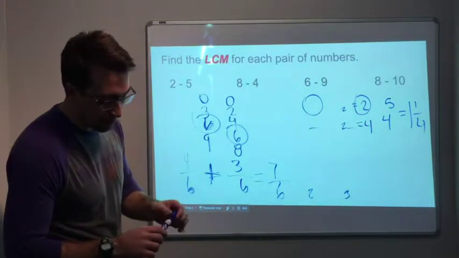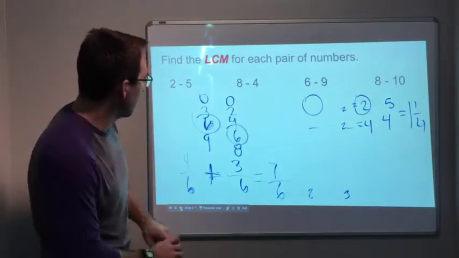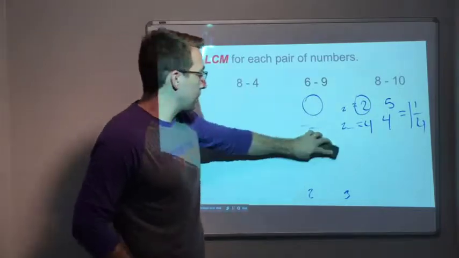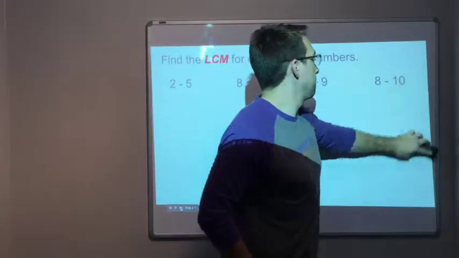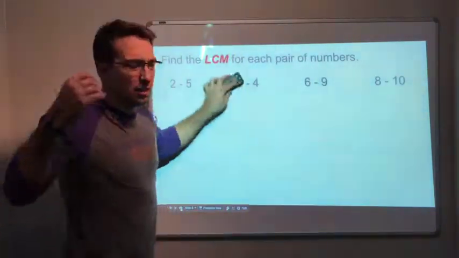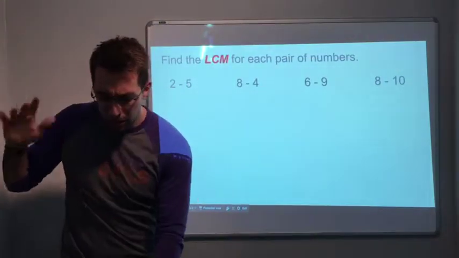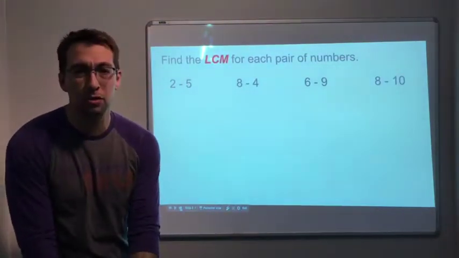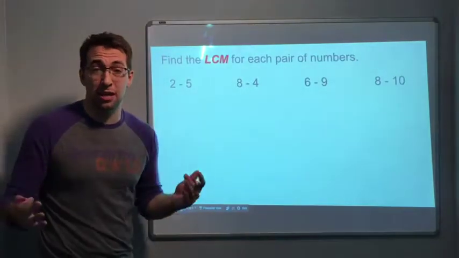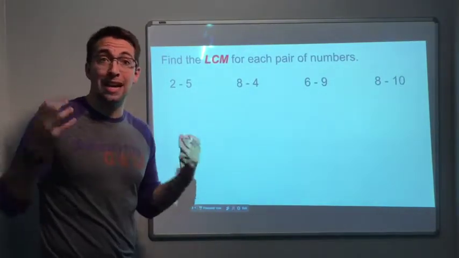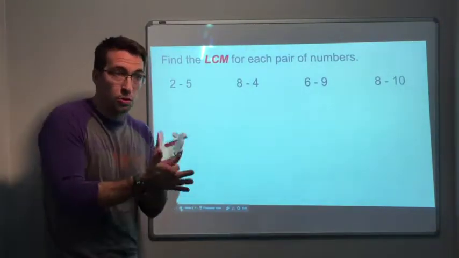All right, so let's find our least common multiples for these pairs of numbers. And this is just practice, right? We have to be able to find our least common multiples if we are interested in adapting fractions to match each other.